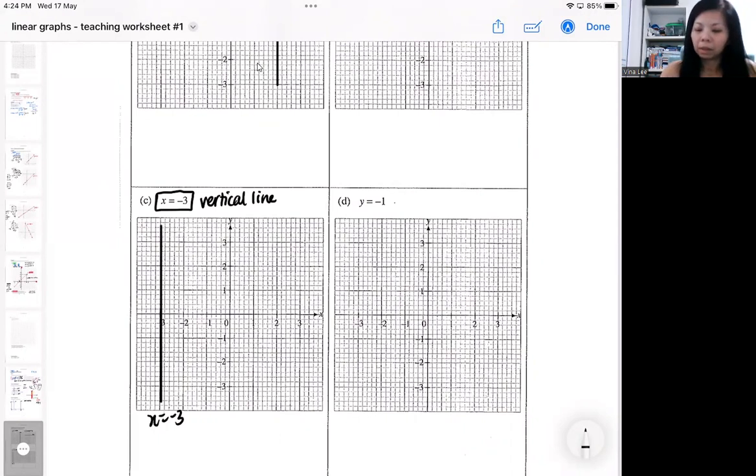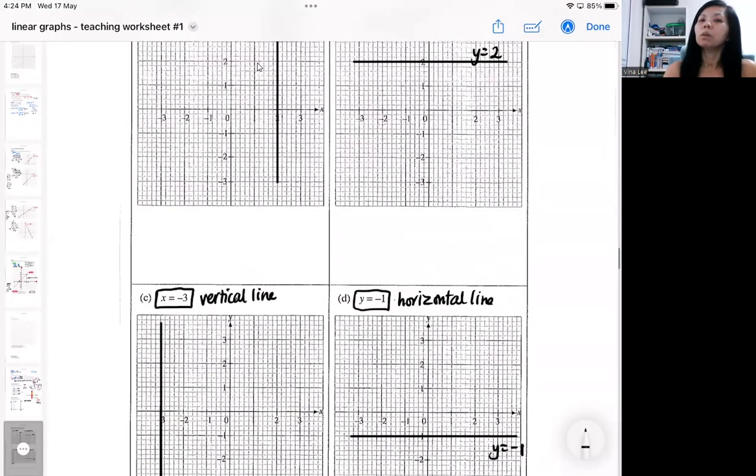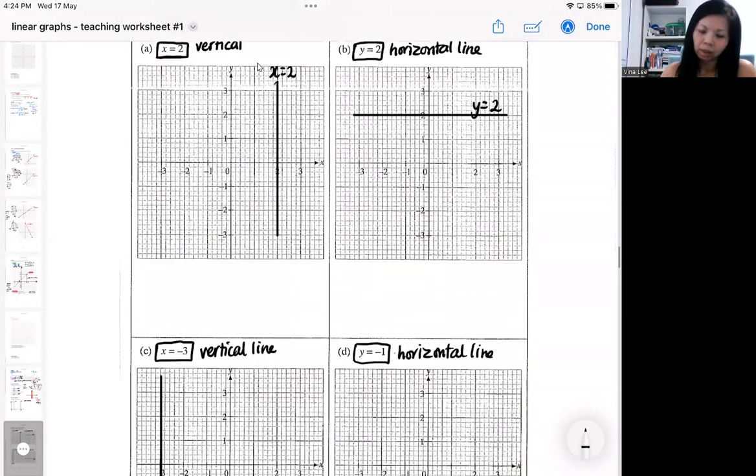My expectation will be a horizontal line, a line that is totally flat, so it will cut at -1. The name will be y equal to -1. So from the name, you can expect how the line looks like.